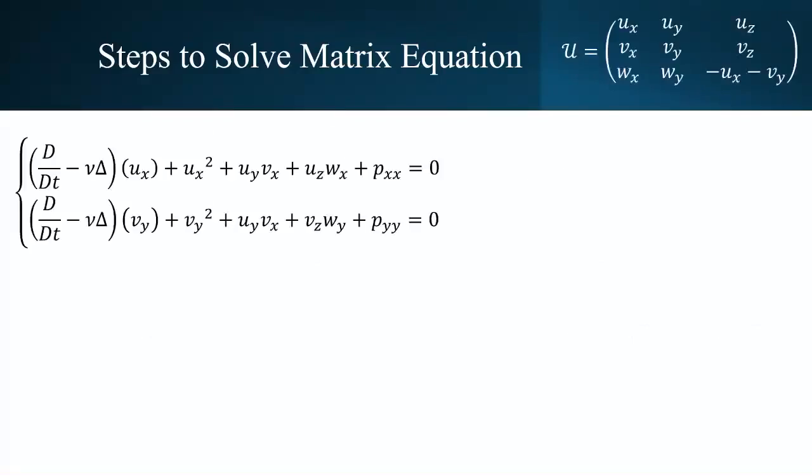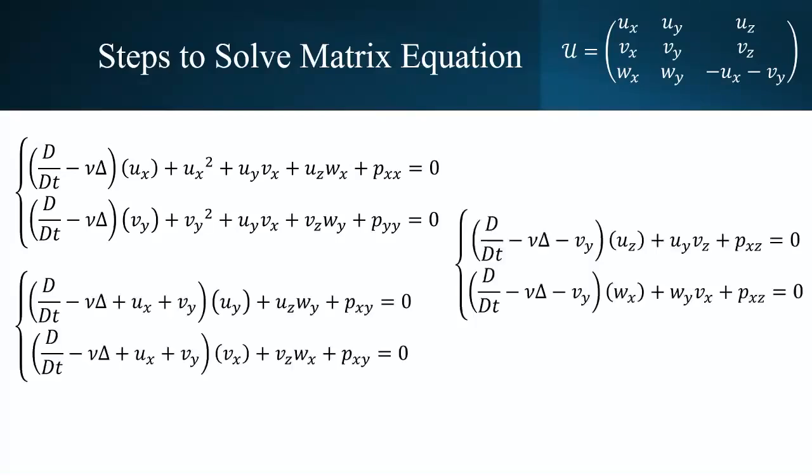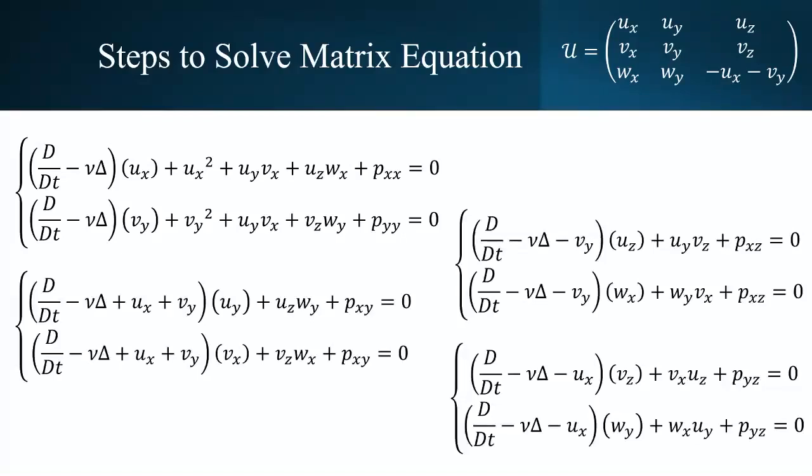And then we just look at this matrix U. We have 8 variables, so we have 8 equations for time marching. We just list them here. The first two are ux and vy, which are at these two positions. The second pair I pick is uy and vx. Then we have uz and wx, which are these two.